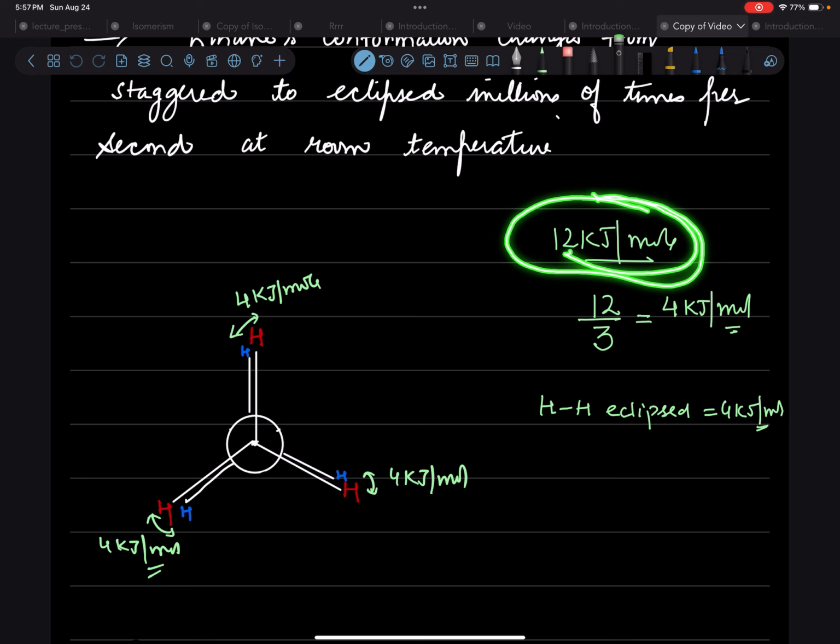Shown is the eclipsed conformation, and we know that the energy increases because of these interactions between hydrogen and hydrogen, and we know that the total energy has increased by 12 kilojoules per mole.